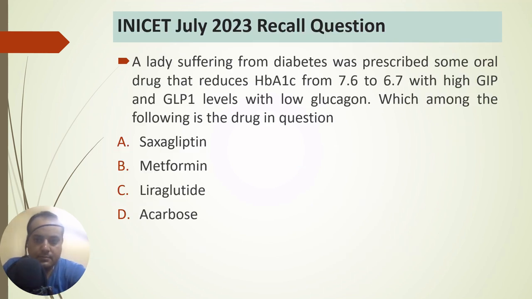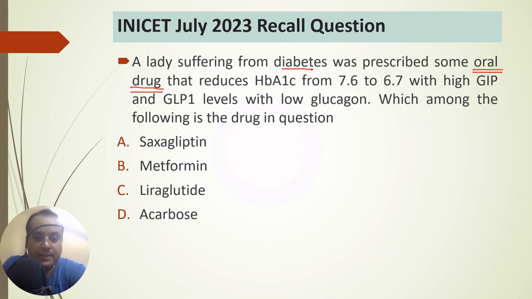Now one recall question that was asked in INI CET July 2023 session was about a lady who was suffering from diabetes and she was prescribed some oral drug. Now the first catchphrase here is that the lady was given an oral drug.